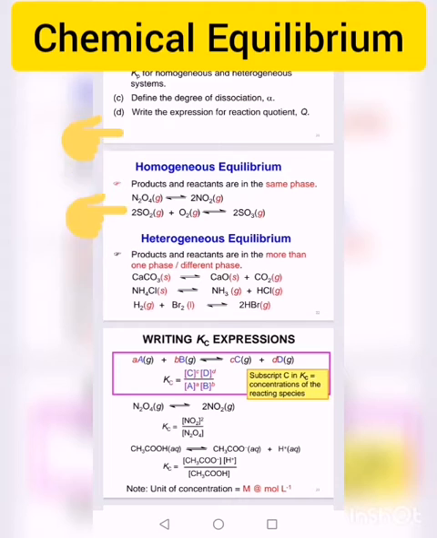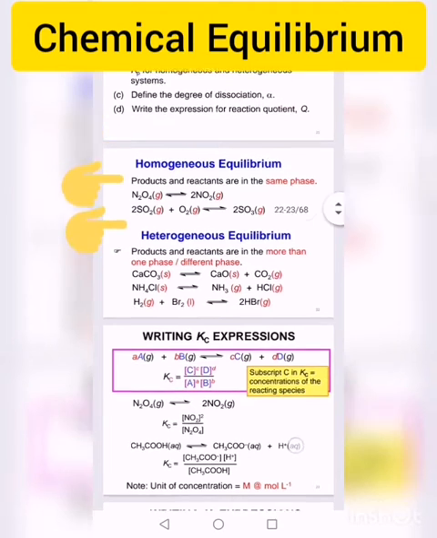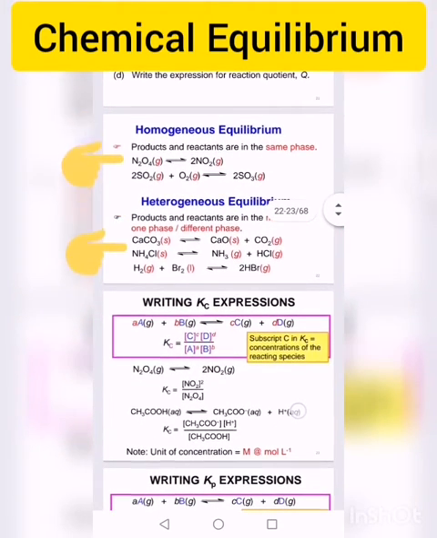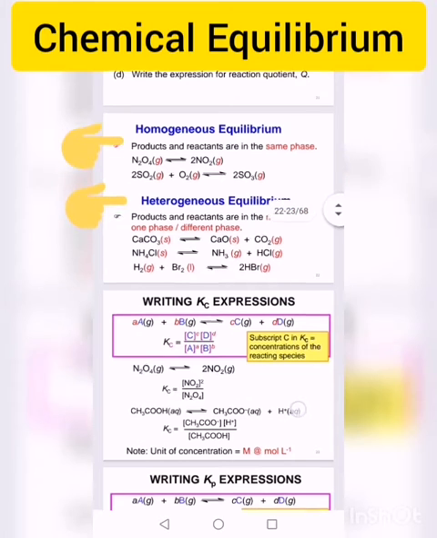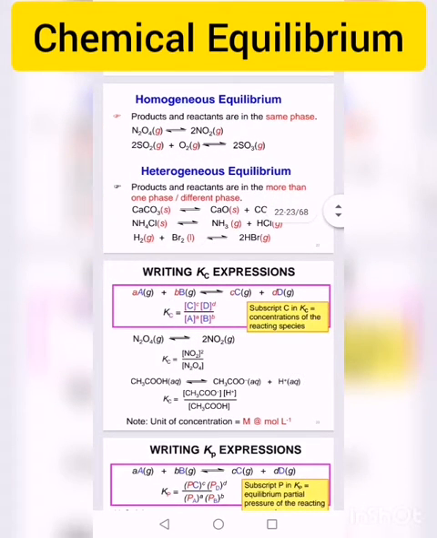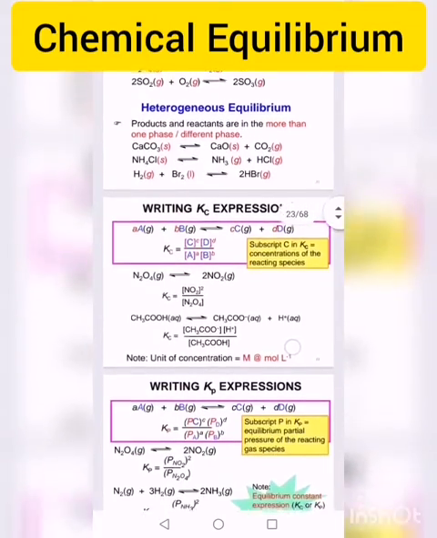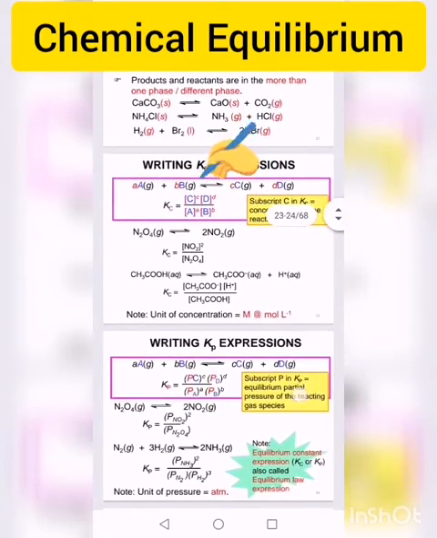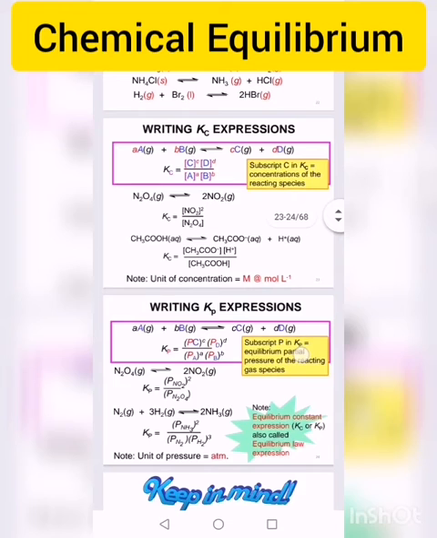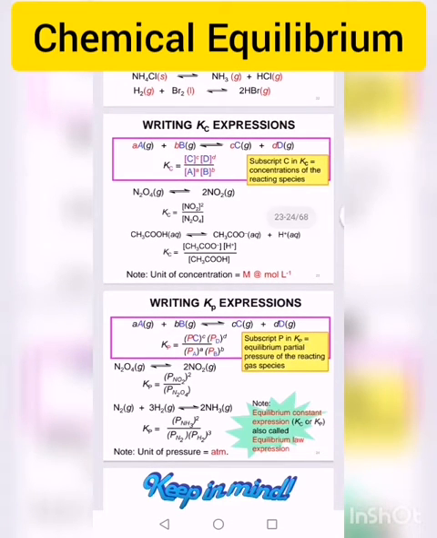Example given. For both homogeneous and heterogeneous equilibria, we have a relationship that we call Kc. So the next one, we try to write the Kc expression that we relate by the law of mass action for equilibrium.